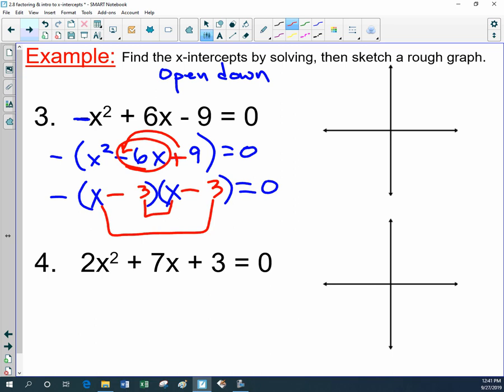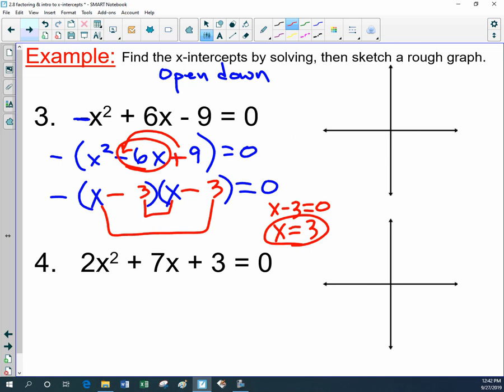So now set each parenthesis equal to 0. And both parentheses are the same, right? So if they're both the same, then do I need to do both of them? No, just do one of them. So I set x minus 3 equal to 0, and I get x equals 3. So if you remember back to the very beginning of our notes, we said there's either two intercepts, one intercept, or no intercepts, right?